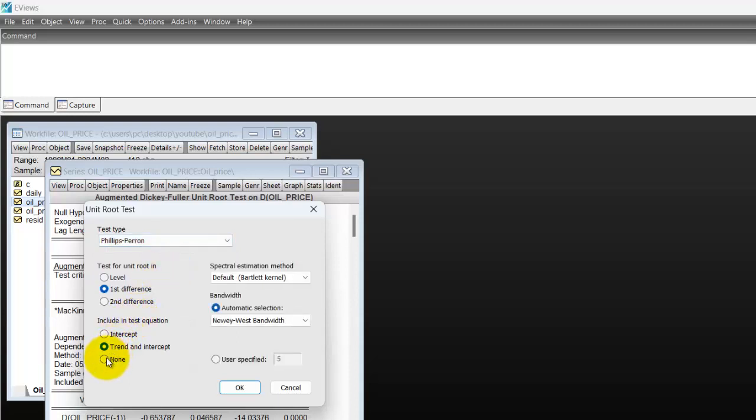For the PP unit root test as well, the null hypothesis is not different from that of ADF, the alternate is not different, and the decision rule also is not different. In fact, the second panel here, which is the test equation, also has three options like that of ADF. So in this case, let us start with none as well.